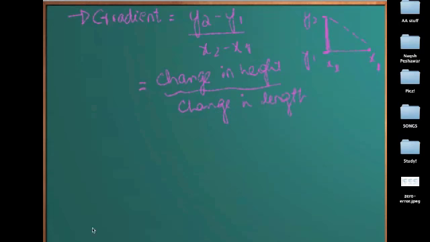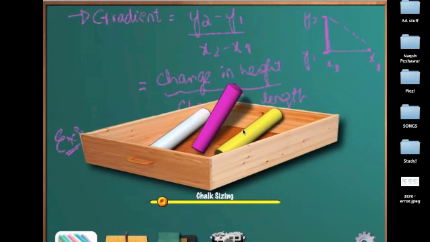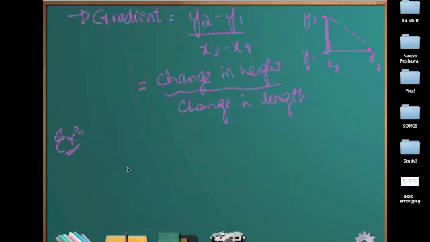Let's see some more gradient problems here. So let me do an example here again, so that you guys are practiced enough before we move on. So this is the line, this is the axis. Okay, this is a graph.